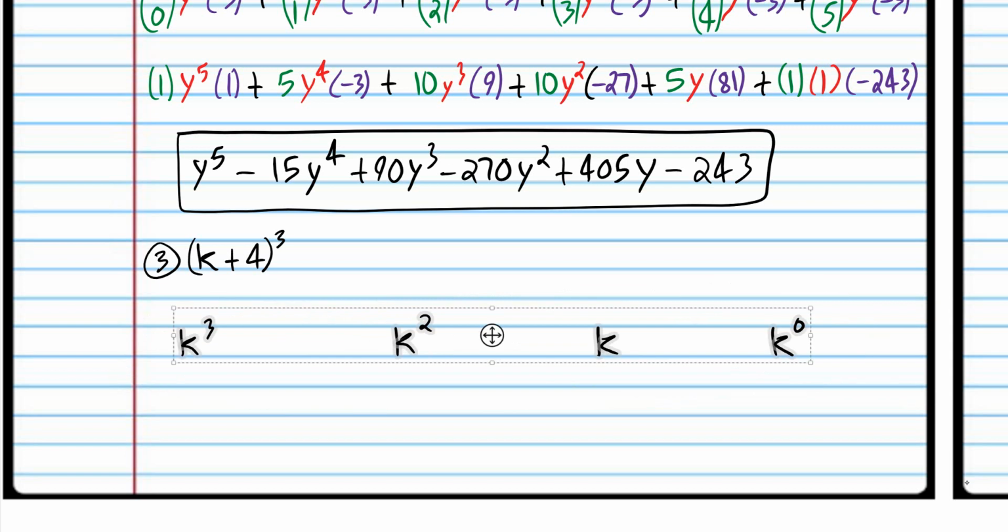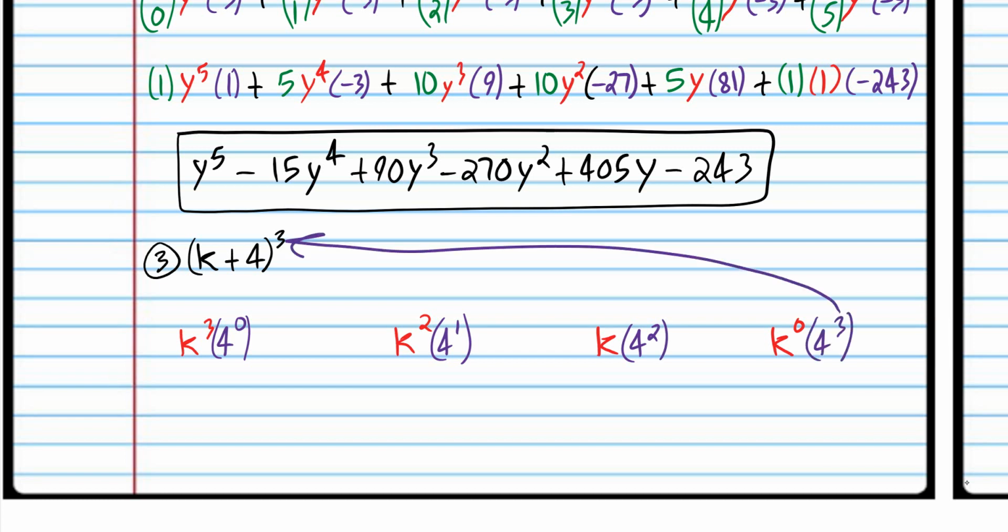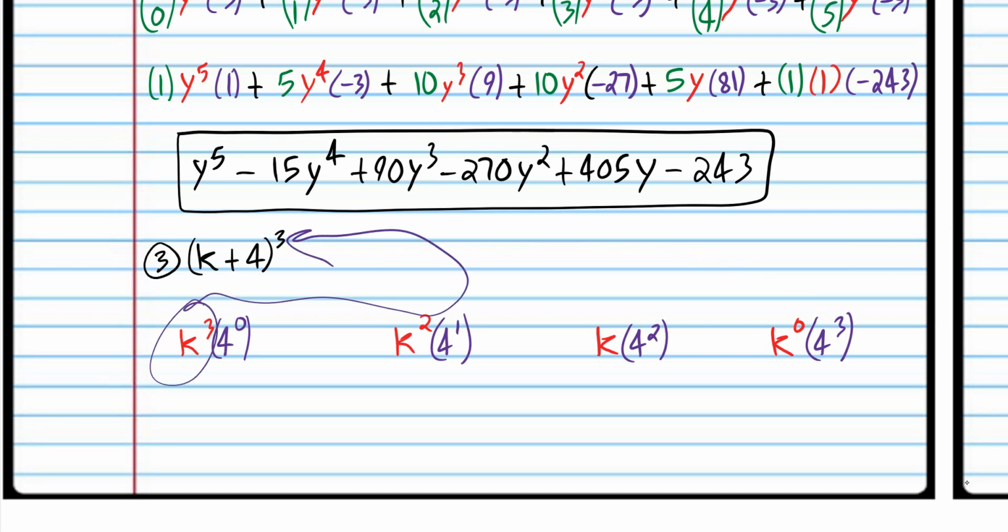And we're making those red. Now let's go to the 4. We're going to start with 4 to the 0 power, and then 4 to the first power, and 4 to the second power, and 4 to the third power. Why are we ending at 3? Well, because that's the expansion. And why are we starting at 3 with k? Because that's the expansion.